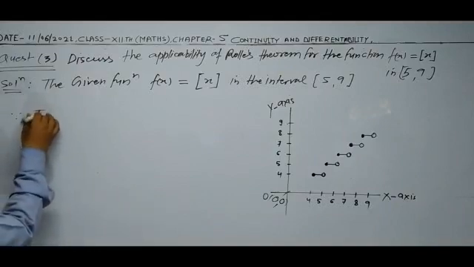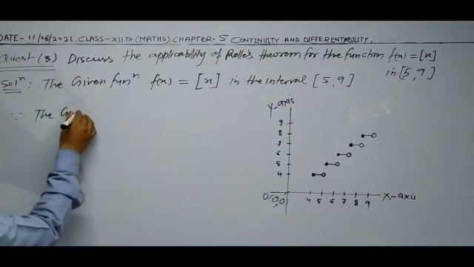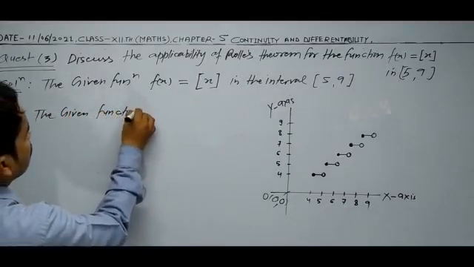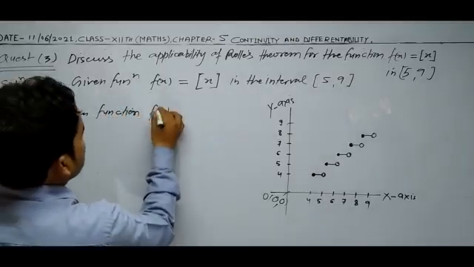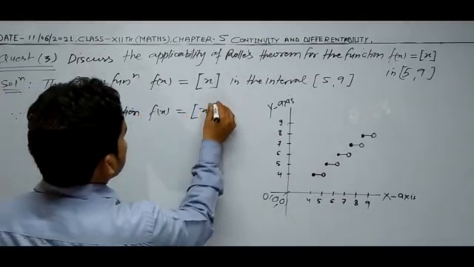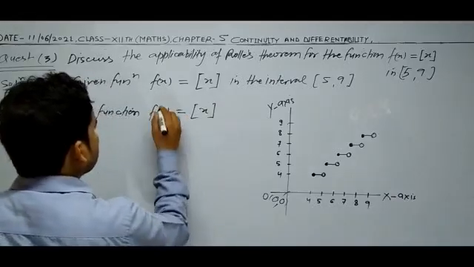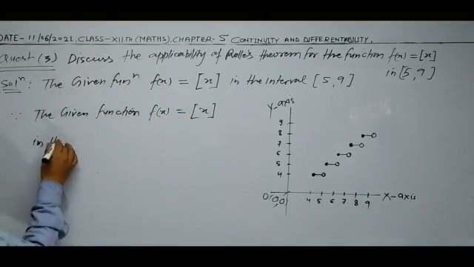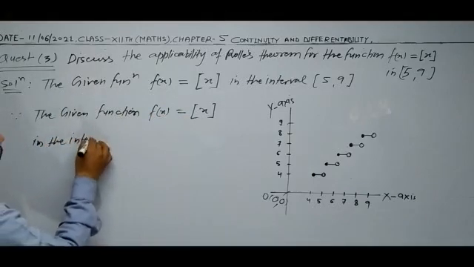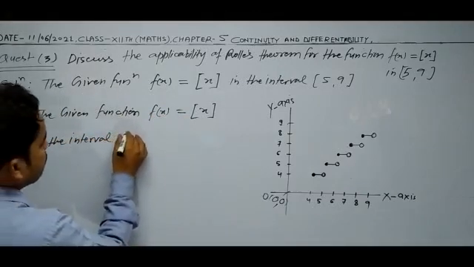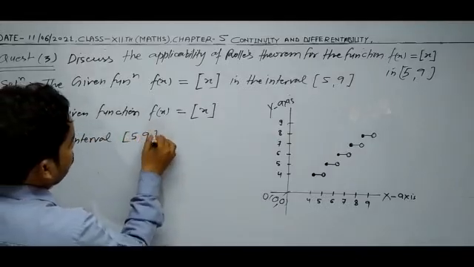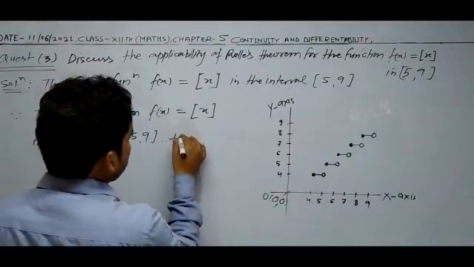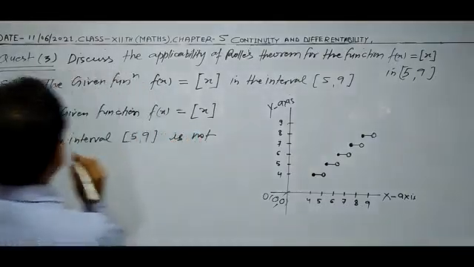Since the given function f(x) is equal to the greatest integer of x in the interval 5 to 9 is not continuous.